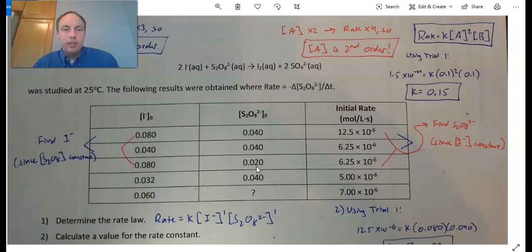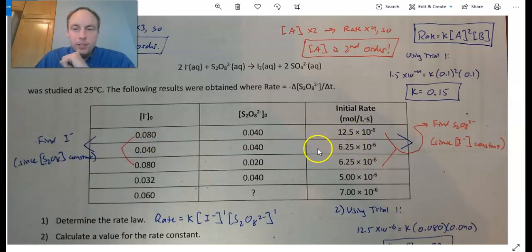Okay, for example 4, this time we've got iodide and, it's been a while, I don't remember what that thing is called, the S2O8 2-, we'll say that, and we're reacting them. In the blue here, I'm looking for two trials that have the same amount of S2O8 but different amounts of I-, and then we're going to see how I- affects the rate.